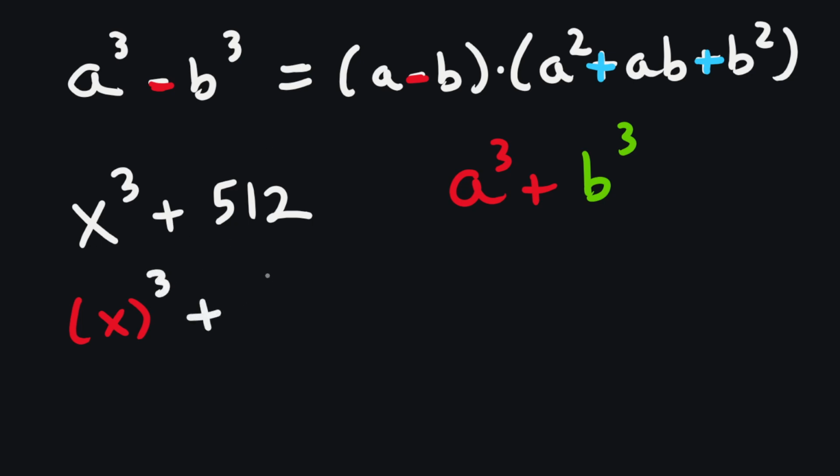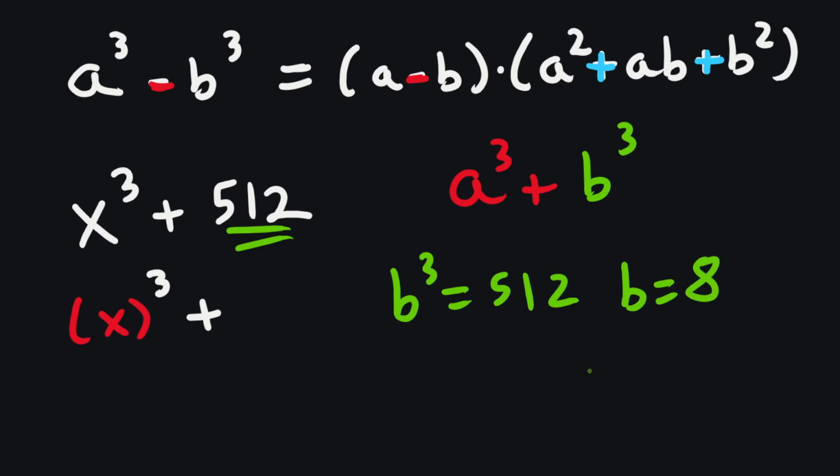And what is our b? So we know b cubed is this 512. So b is the third root, or the cube root of 512, which happens to be 8. And that is because 8 to the power of 3 equals 512. So our b is 8. So we can rewrite 512 as 8 cubed.